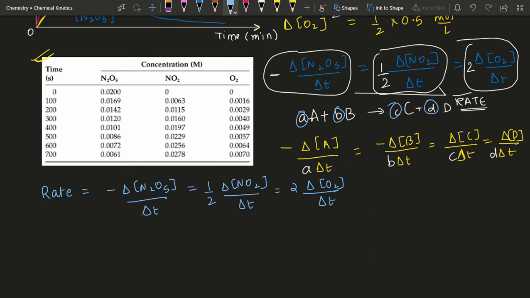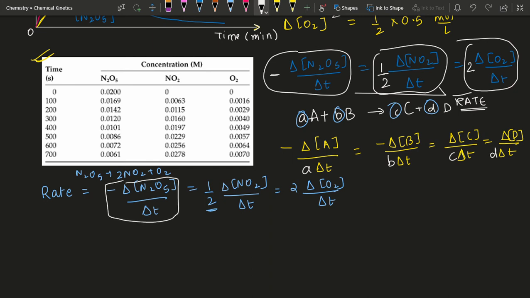Notice that you can derive that also using the equation we had originally, N2O5 forming 2NO2 plus O2. So that 2 comes here, and if you put a half in the denominator, it becomes 2 in the numerator. Now you could have used any of these three to calculate the rate. Let's just use the first part. It will save us some trouble.